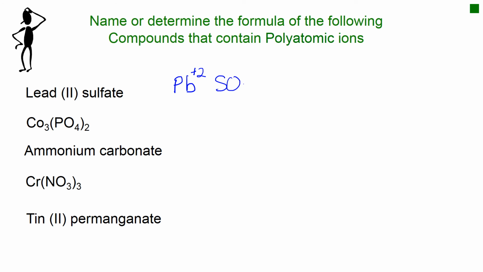Sulfate is SO4, and it has a -2 charge. If I do the loop and swoop, it's going to be Pb2(SO4)2, loop and swoop. But then you have to simplify to the lowest common denominator to get PbSO4. Again, the parentheses are left off. You don't need those parentheses, okay?